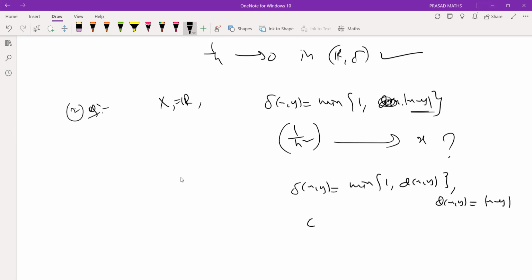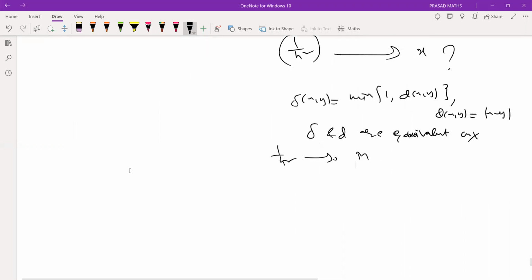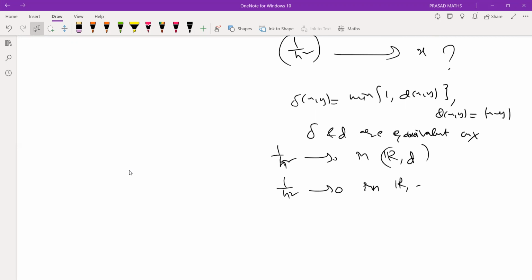We have seen in yesterday's class that delta and d are equivalent metrics, with X equals R. Therefore, 1 by n square tends to 0 in R with respect to the usual metric. So by the previous property, it tends to 0 in R with respect to delta. Is it clear, sir?